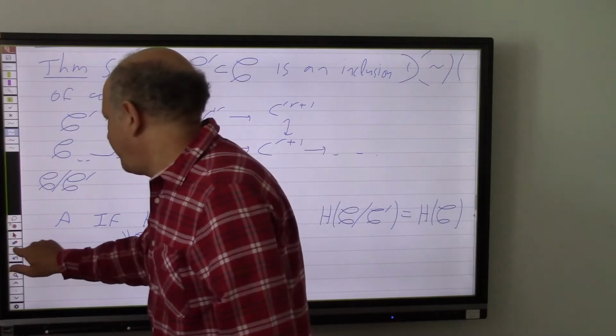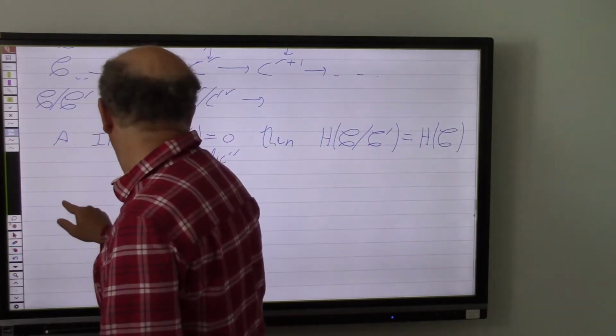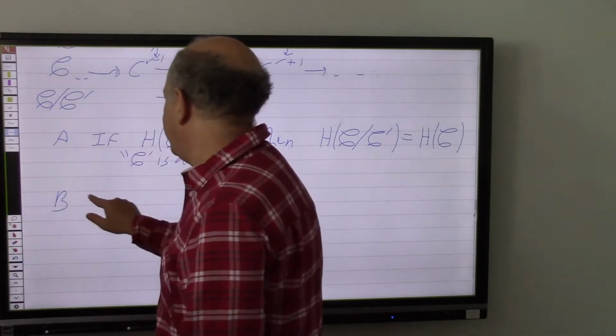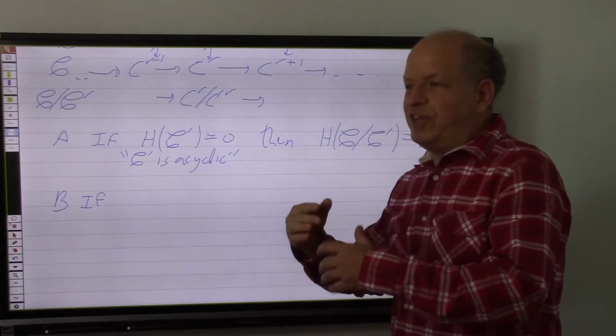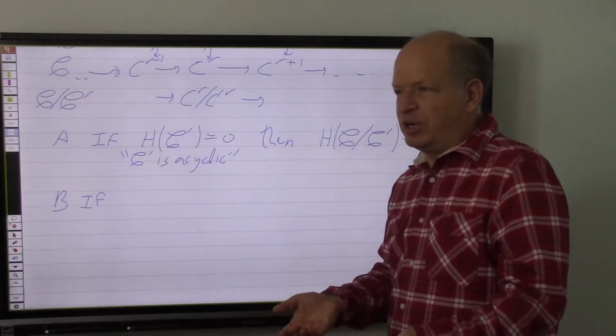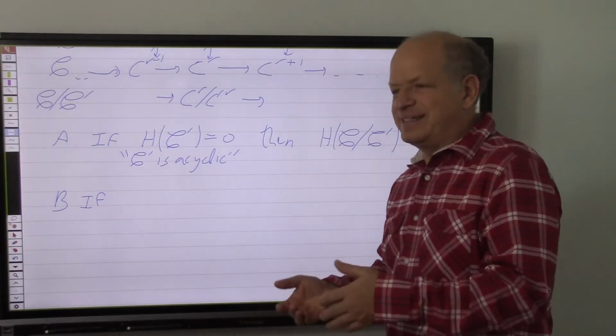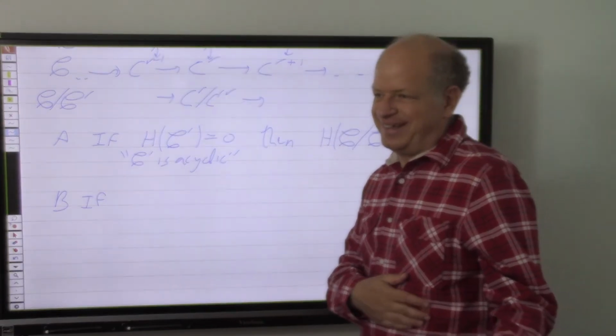And part B of the theorem is likewise: when you cancel C prime and there is no homology, then it means that all the homology was in C prime. Okay?